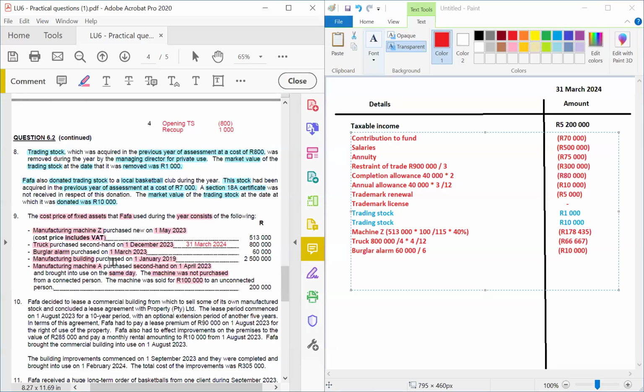Section 13 essentially says you need to allow a wear and tear on buildings, or an allowance rather, of 5%. And you will find that all buildings, whether it is administrative or not, as much as they have different section numbers, you would allow the same rate. What is that rate? 5%.